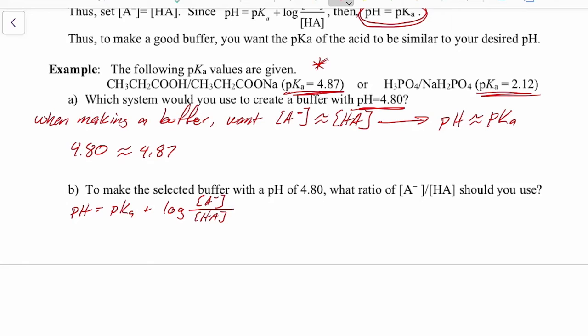So if we've got 4.80, that's the pH we want, and we want a pKa of 4.87, we have to solve for the log of the ratio of A minus over HA.